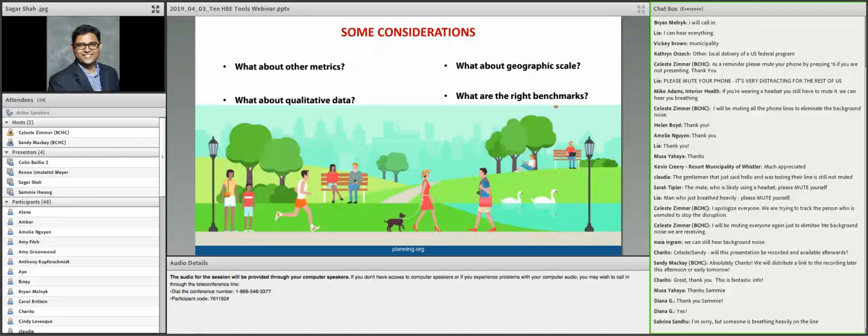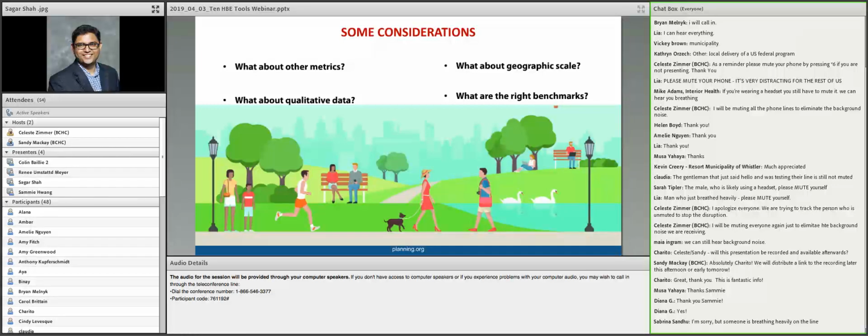So we focus on quantitative data. However, we do mention that qualitative data is important, and in many instances, as seen in other toolkits in this report, may be more useful than quantitative data. So we understand that.